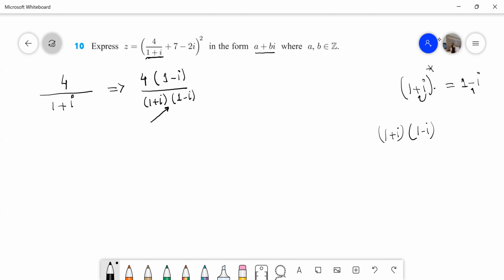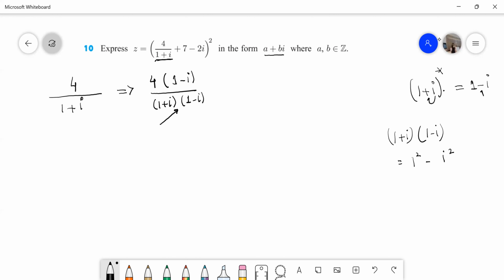This is of the form (a minus b) times (a plus b), which means it will be a squared minus b squared. And the value of i squared is negative 1. This first one is 1 squared. So we have 1 minus minus 1 and that gives us 2. Which means the denominator is just 2.